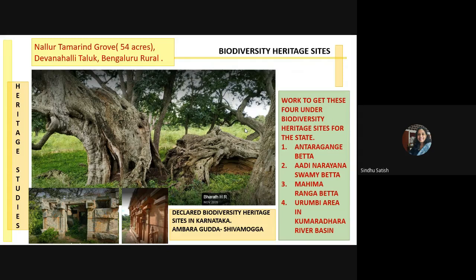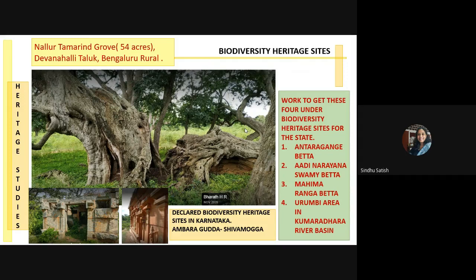Antaranga Betta is very unique, and it has a perennial water source flowing all through the year. And Adi Narayana Swami Betta is in Gudibande Taluk, Chikkaballapura, close to Bangalore, and has dry belt species which are presently protected by the locals.